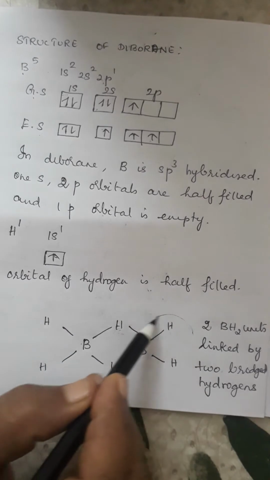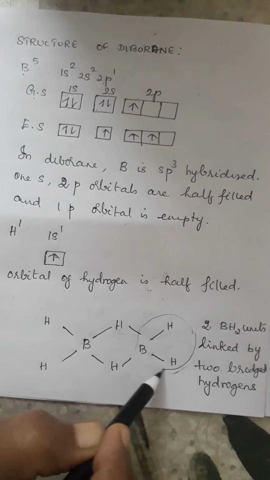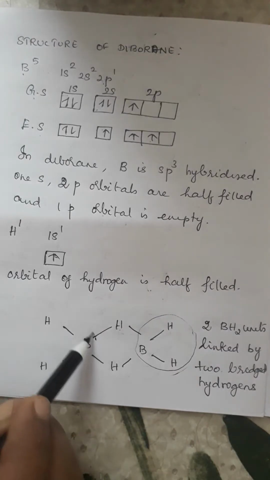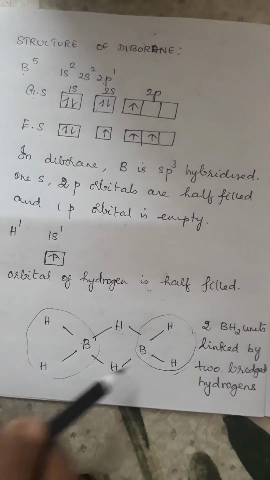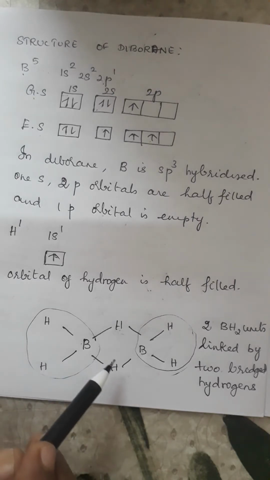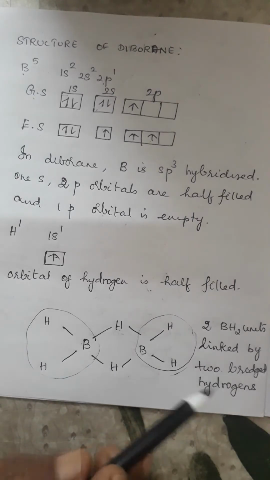Therefore, this is one BH2 unit and this is another BH2 unit, and these 2 BH2 units are linked by 2 bridged hydrogens.